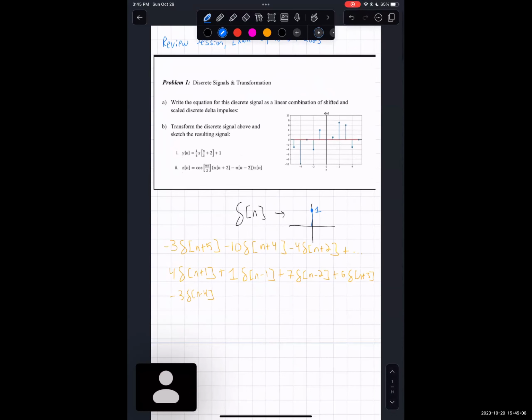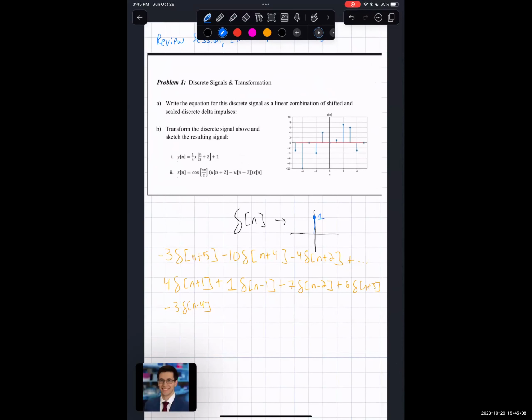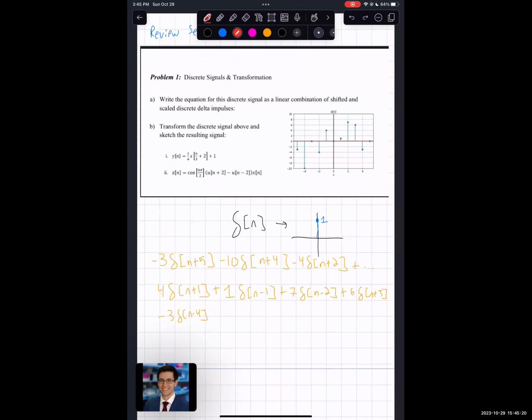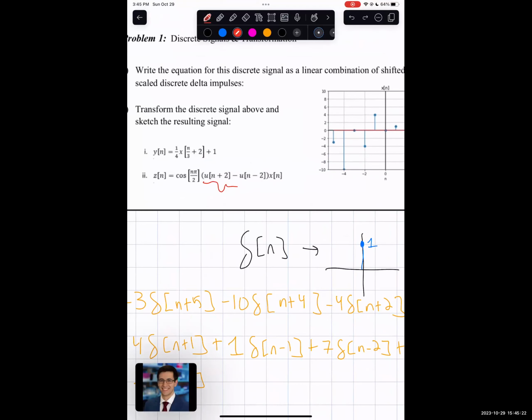So we have this x of n function, guys. This is your question. We're trying to answer the question, what is our new function, z of n, after we take this x of n and multiply it by two things. The first thing is this unit step function situation in the parentheses.